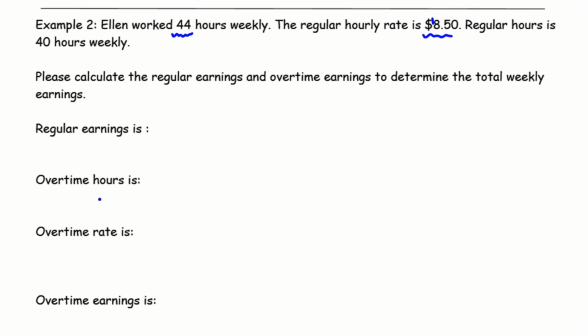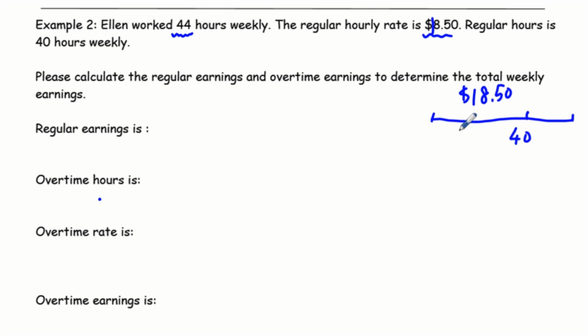We are going to change it to $18.50 because now it's not below $15 anymore. Regular hours is 40 hours weekly, so we are going to find the regular earnings first. So we draw the timeline. Then we know that within 40 hours is regular pay $18.50 only.